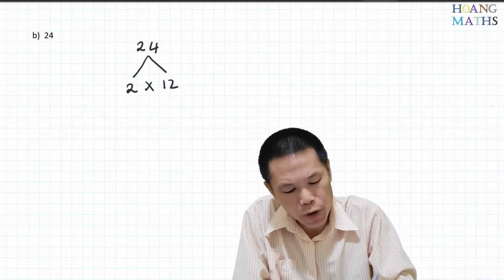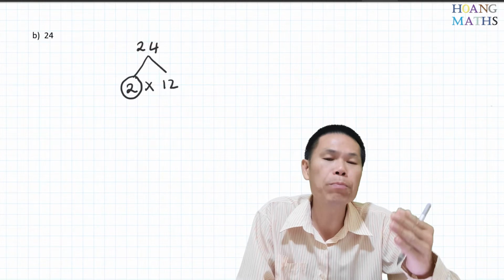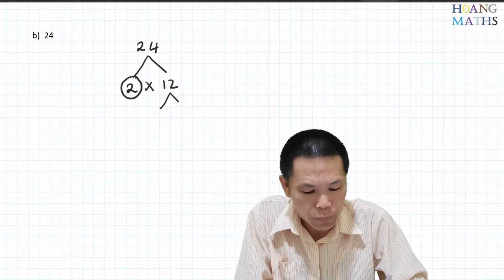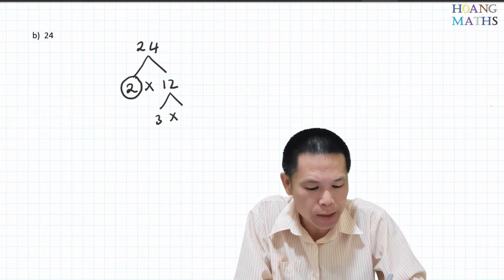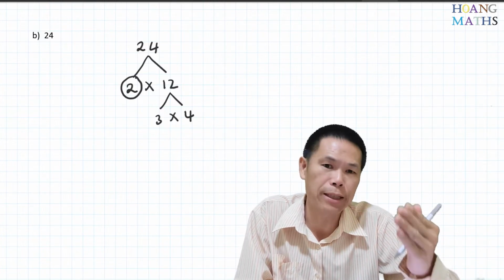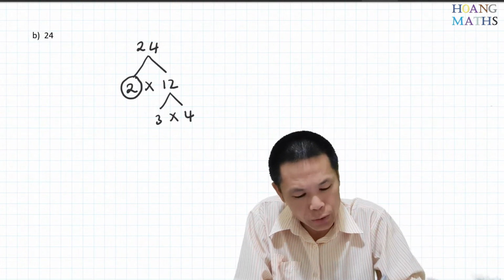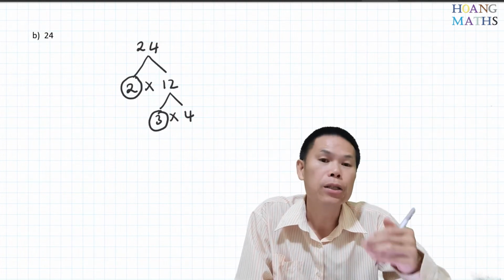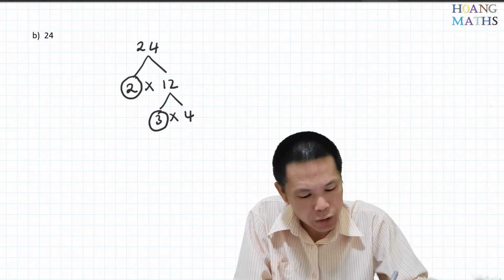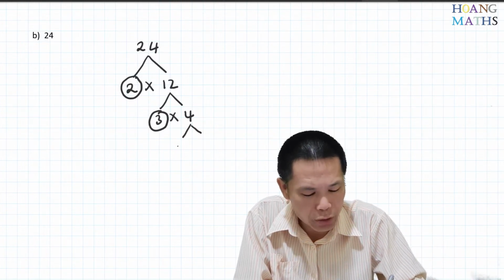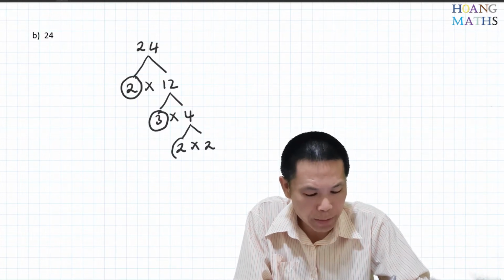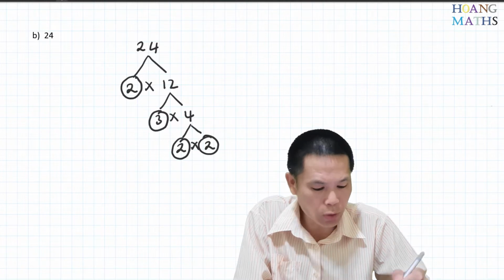So 2 is a prime number, so I just circle it because I cannot expand any further. And 12 is 3 times 4. Again, you can write 2 times 6 if you like. So 3 is a prime number, so I circle it because I can't expand any further. Then 4 is 2 times 2, and 2 is a prime number and this 2 as well, of course.